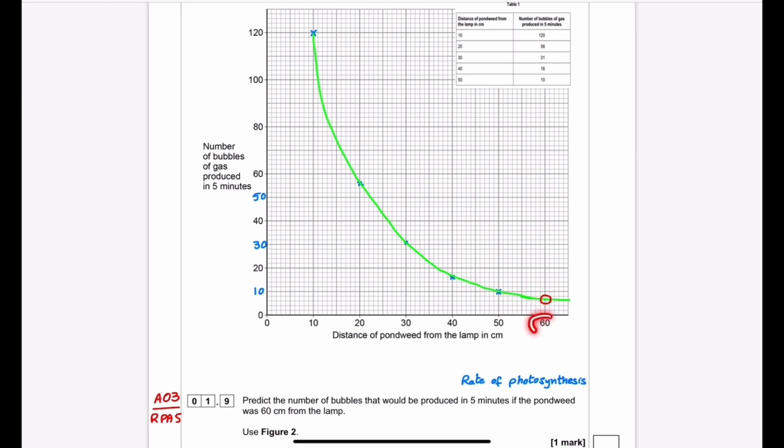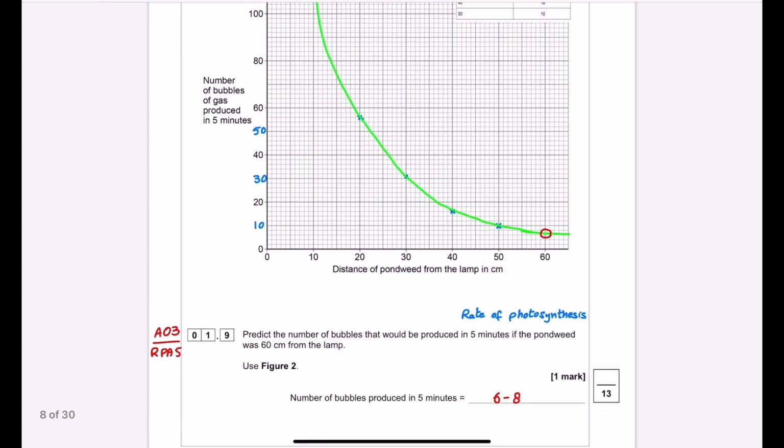At 60 centimeters away, the graph is passing through this area, and the number of bubbles is approximately between 6 to 8. So the number of bubbles produced at a distance of 60 centimeters from the lamp is 6 or 7 or 8.